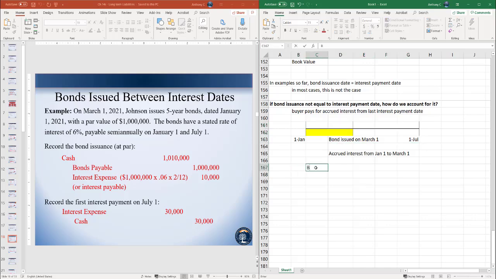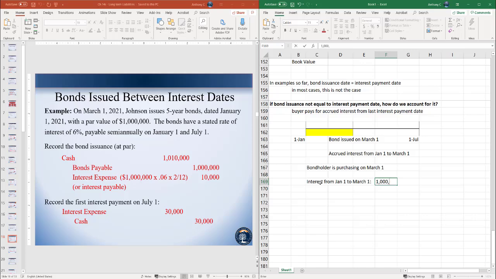Okay, so the bondholder is purchasing on March 1st, so they're going to pay for any interest from January 1st to March 1st. So to calculate the interest over that date, again, we'll take our principal, which is $1 million in this case.